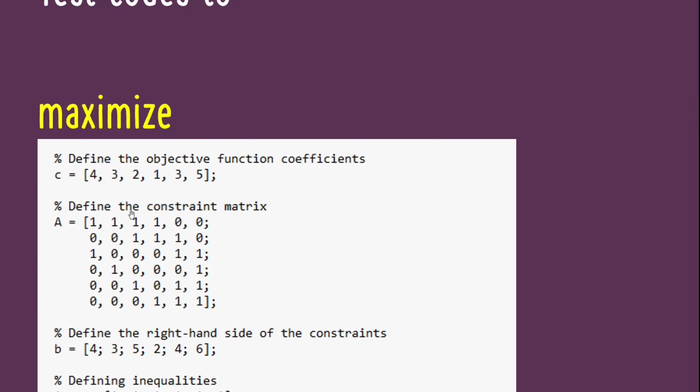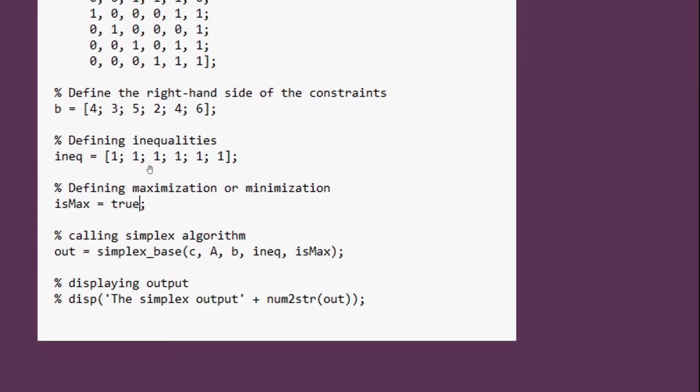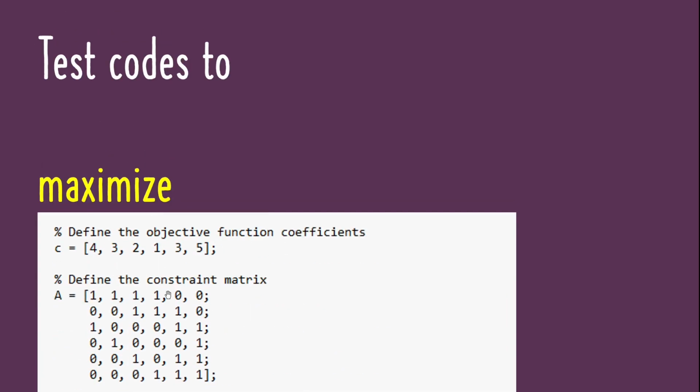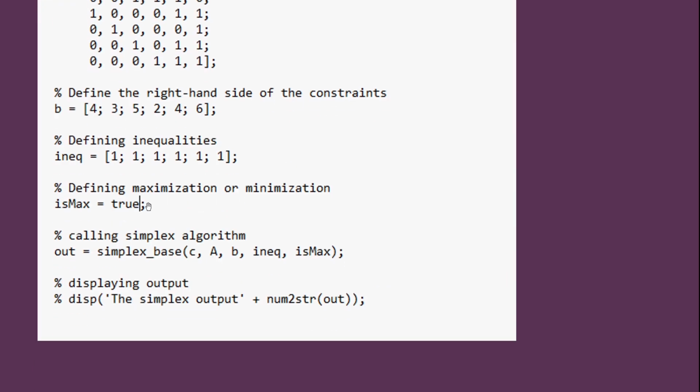So to maximize this problem, we need to give the inputs like this, and we need to check whether we require maximize. We need to check the inequalities, and we need to call the simplex algorithm code. This code was written in the previous step.